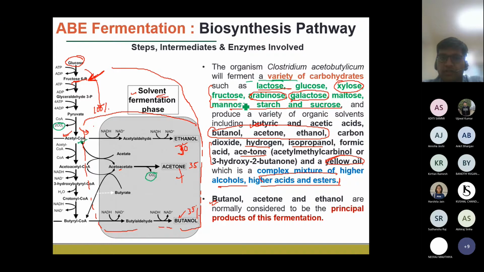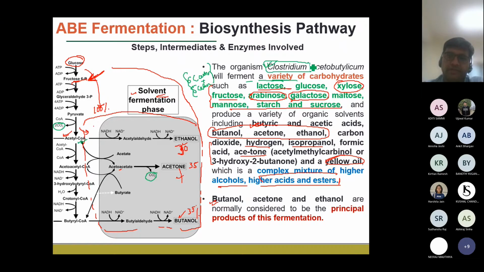But in the case of AB fermentation, a wide variety of sugars can be used. The sugars here, like in this list, can be classified as 6 carbon sugars or 5 carbon sugars. Both the 6 and 5 carbon sugars can be readily metabolized by species of the genus Clostridium.